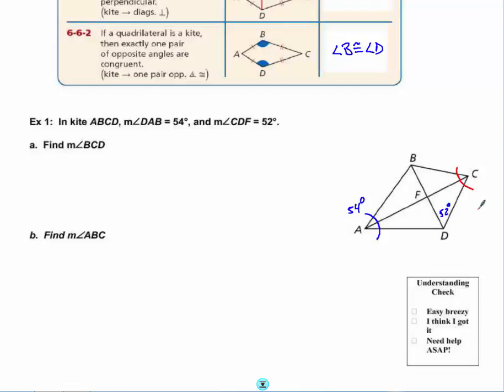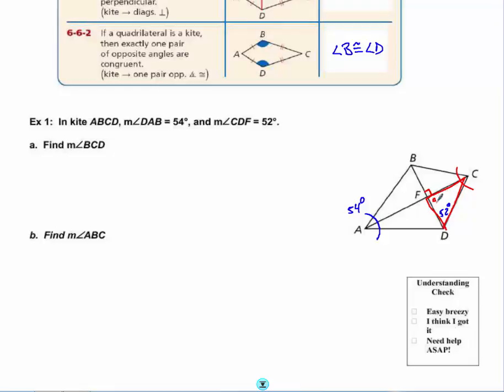Well, it might look tricky at first, but it's really not going to be that difficult, because if we look at our kite, we know that it's a kite, so we know that our diagonals are perpendicular. So that means that this angle here is 90 degrees. Well, all of these angles are 90 degrees. So we know that this triangle has to add up to 180 degrees, right?